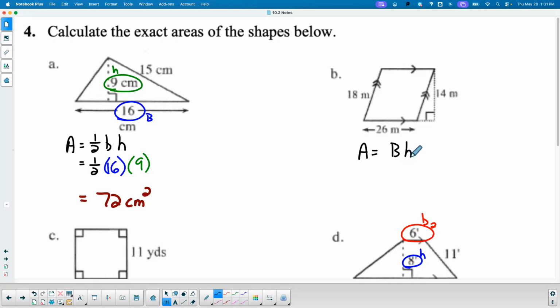What's my base? 26. What's my height? 14. 364. Yes.